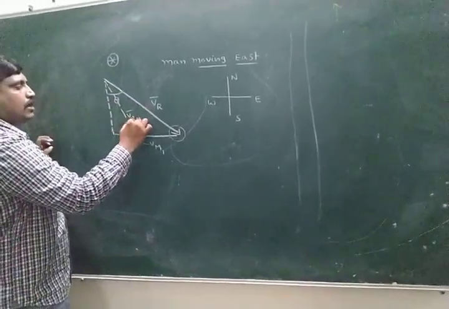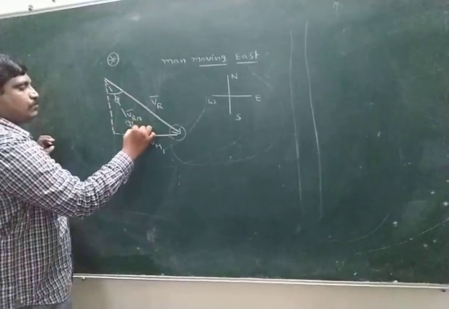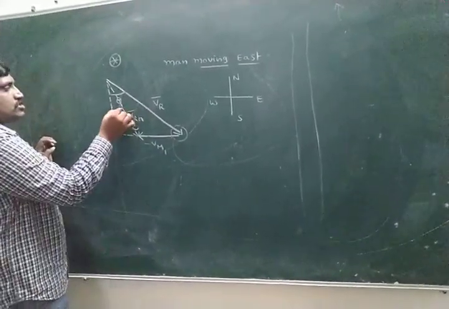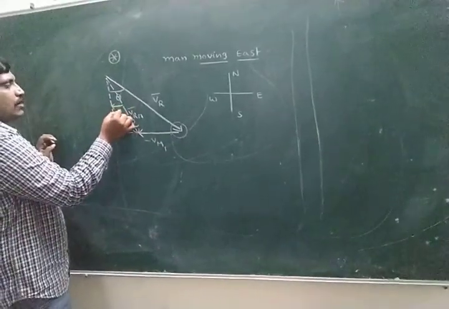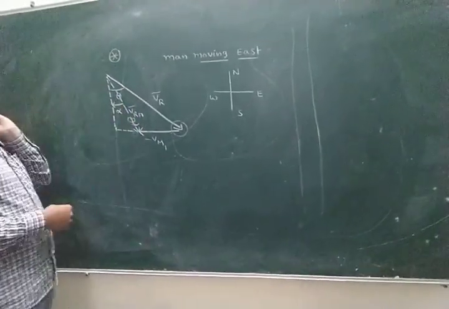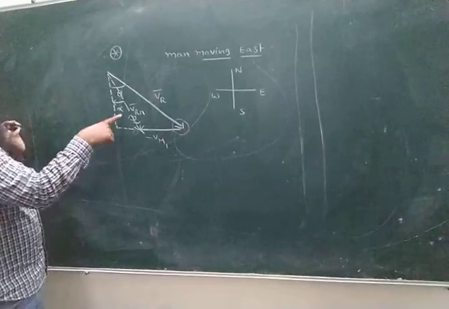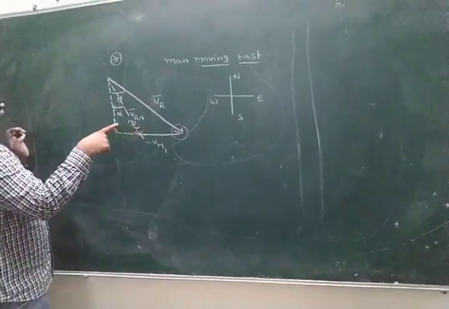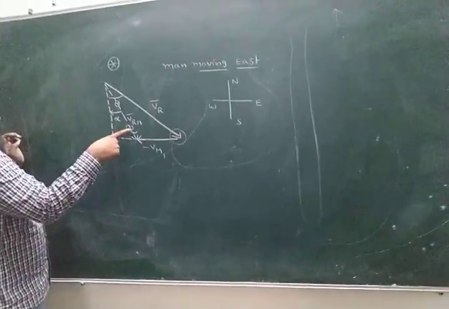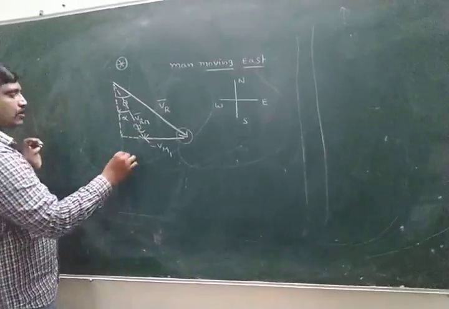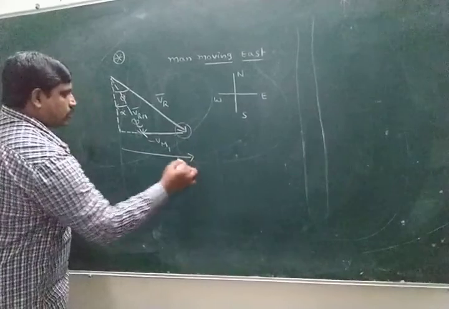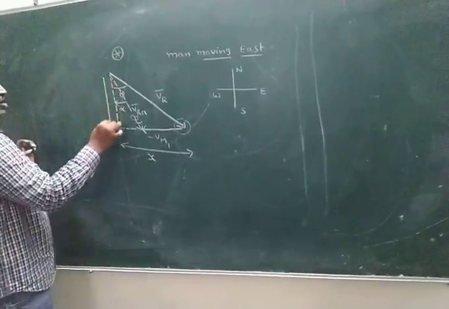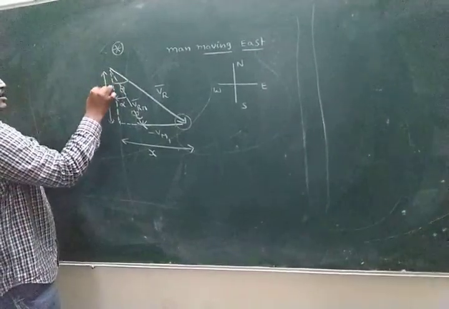Here the umbrella is placed to protect from rain. This angle is beta or alpha. Here alpha is the angle made by the umbrella to the vertical. This total length I denote by x. This is called y. Okay?